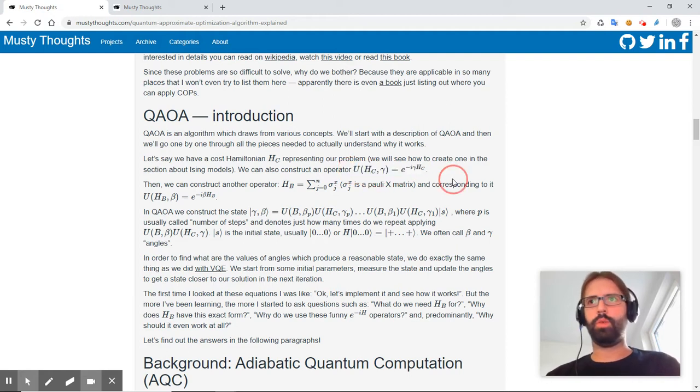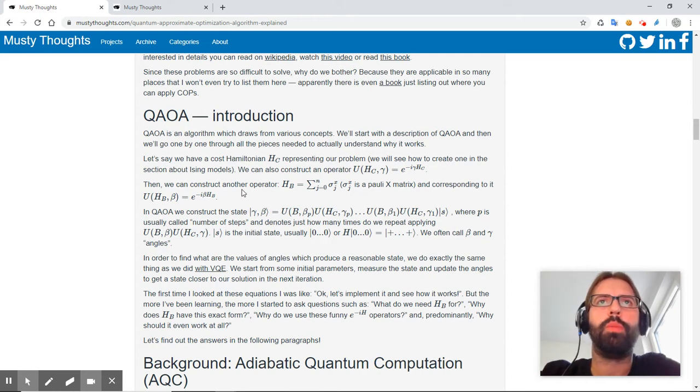Okay, we start with notation. Then we construct another operator, HB, where this is a Pauli X matrix, and corresponding to it, an operator.